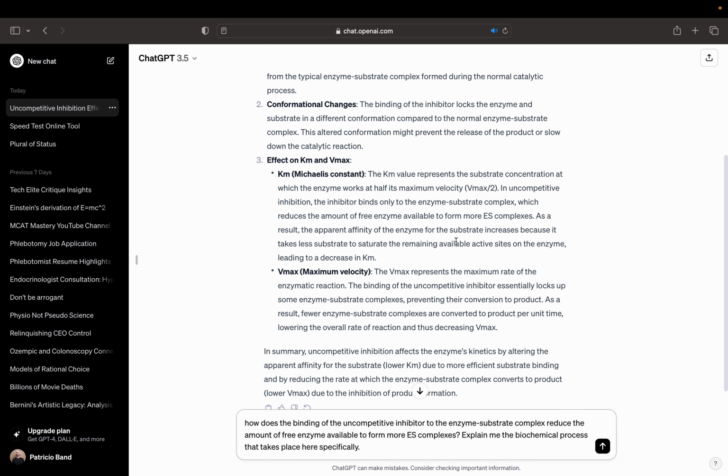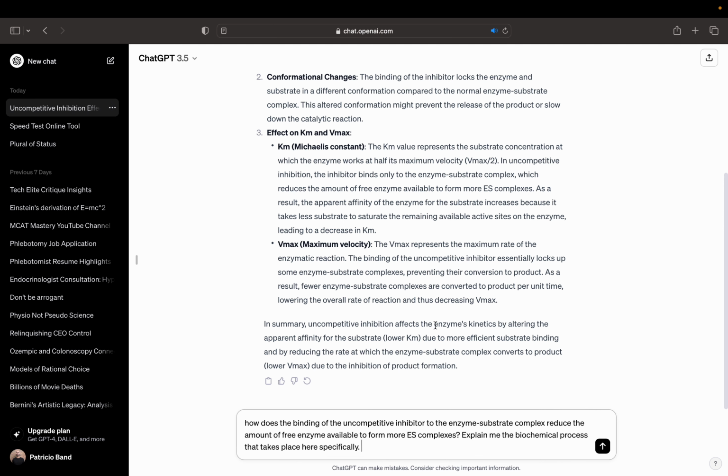So binding of the uncompetitive inhibitor locks up some enzyme substrate complexes, preventing their conversion to product. As a result, fewer enzyme substrate complexes are converted to product per unit time, lowering the overall rate of reaction, thus decreasing Vmax.